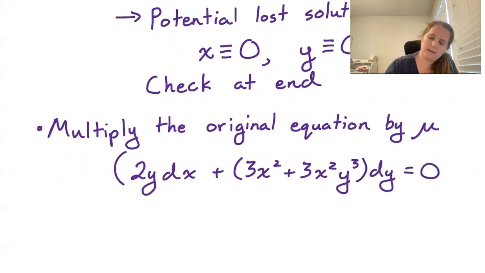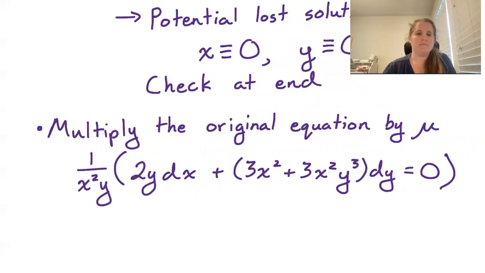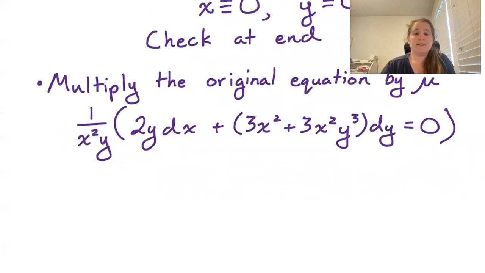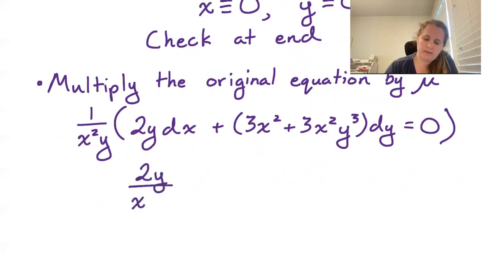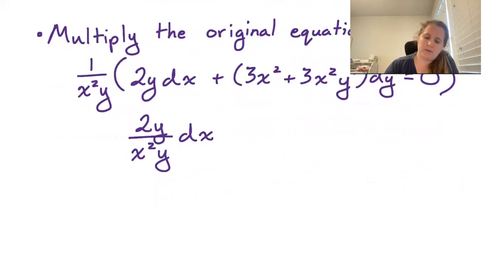We'll multiply that entire thing by 1 over x squared y. In this dx component, 2y over x squared y will simplify nicely. So that will ultimately go to 2 over x squared dx.